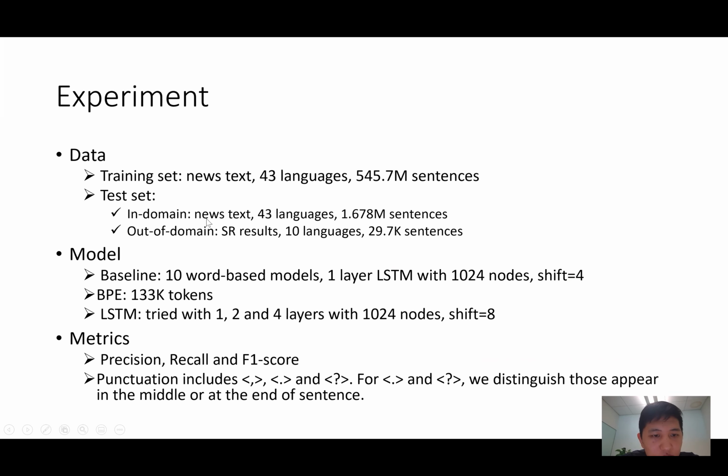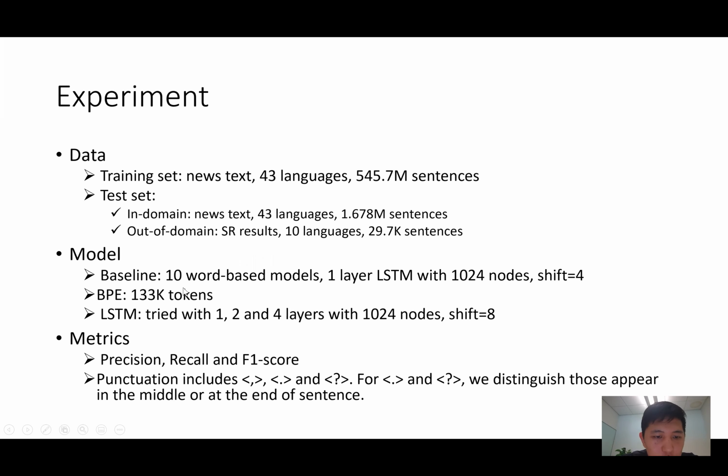The in-domain set is from the same data source as the training set, and the out-of-domain set is ASR result text. We labeled 10 languages of text with punctuation, which totally contains 29,000 sentences.